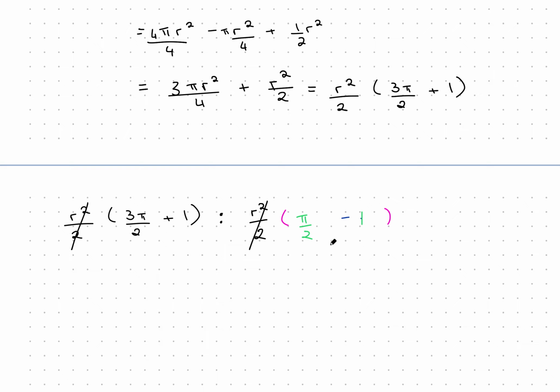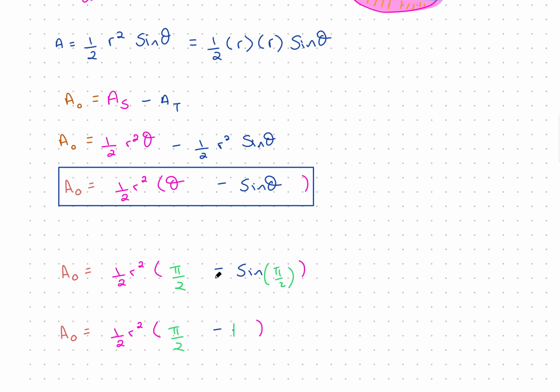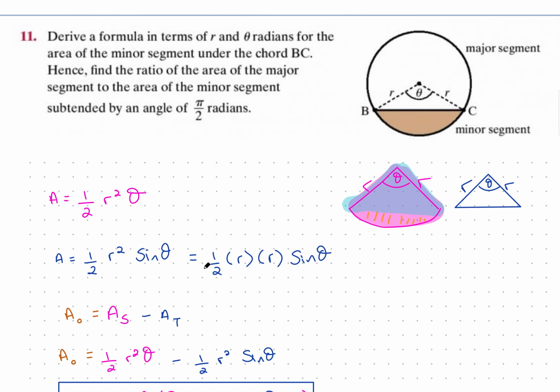So what I'm going to do is multiply both sides by 2 here. I'm going to get 3 pi plus 2 is to pi minus 2. And that's actually as far as we can simplify it. That's our answer.